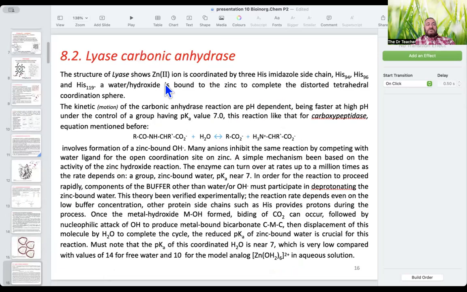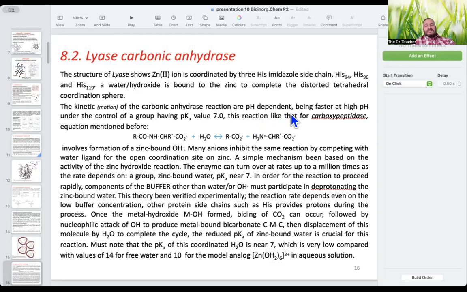Lyase, carbonic anhydrase. The lyase shows zinc 2 in the coordination, and there are other functional groups. The kinetics of the carbonic anhydrase reaction is pH dependent, being faster at high pH, under the control of a group having a pKa value of 7.